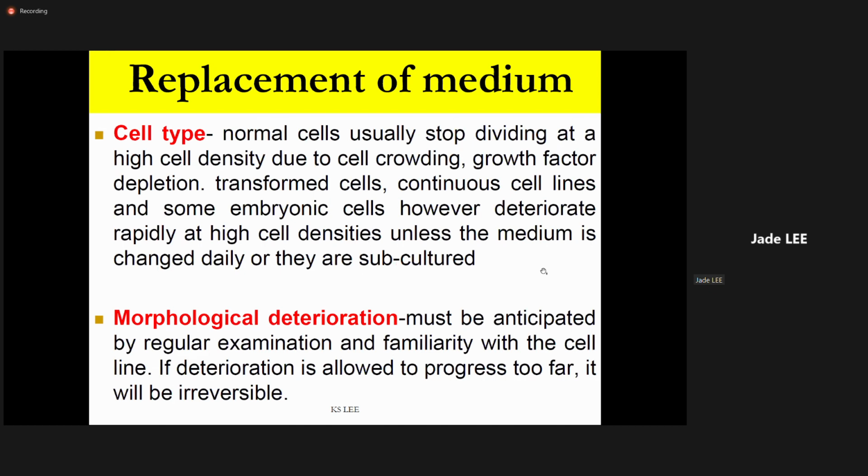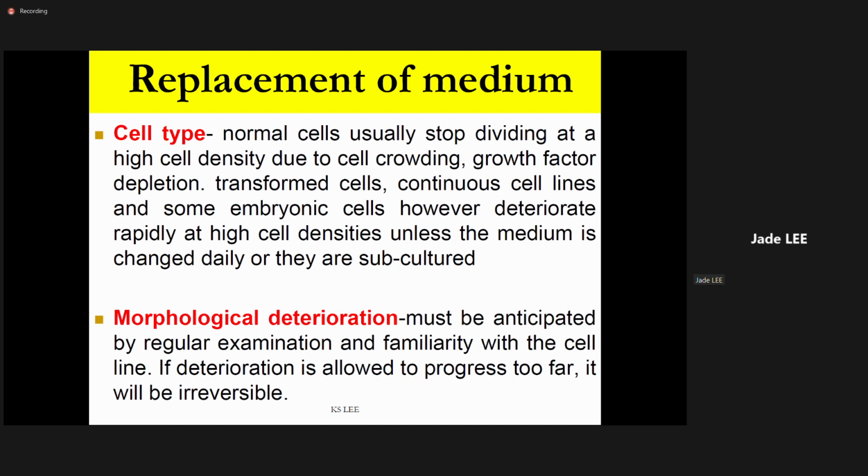Cell types also matter. Normal cells usually will stop dividing at a high cell density due to cell crowding or growth factor depletion. Transformed cells, continuous cell lines and some embryonic stem cells, however, deteriorate much faster at high density unless the medium is changed daily or they are subcultured, especially these fast dividing cells.